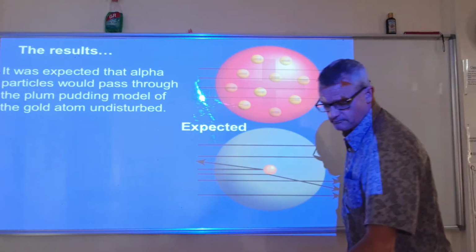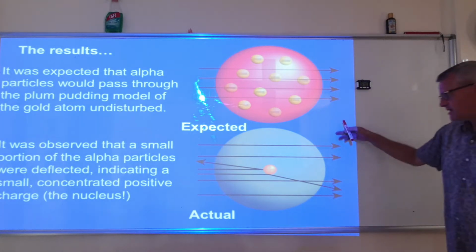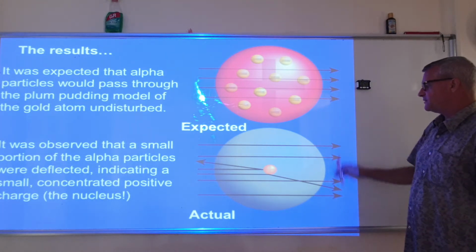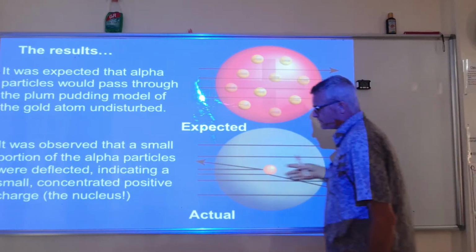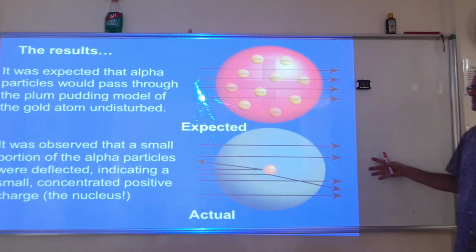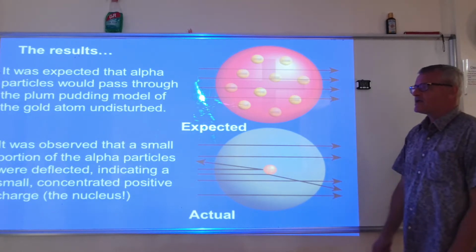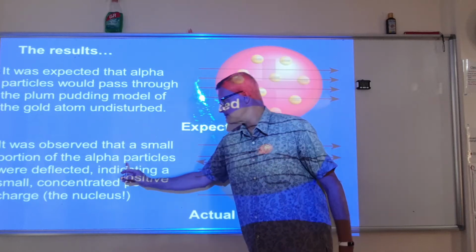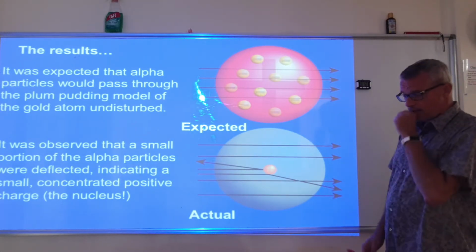However, what actually happened is that 99%, I do not know exactly the percentage, went straight through the gold atoms. Only a very small portion of the alpha particles were deflected.